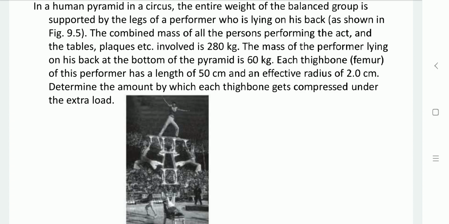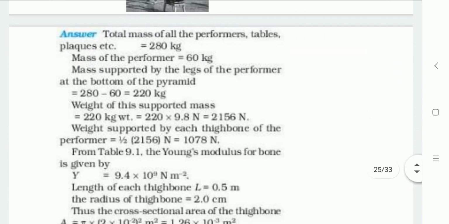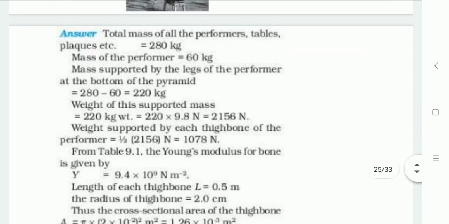So the weight of this supported mass, let us convert it into the terms of force. So 220 kilogram weight would be equal to 220 into 9.8 Newton.